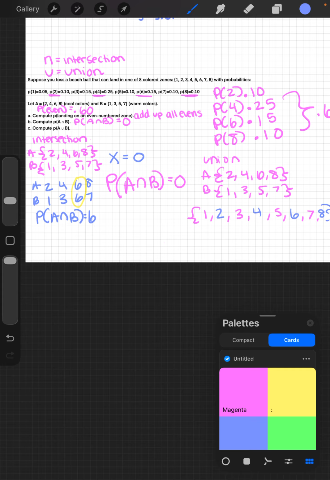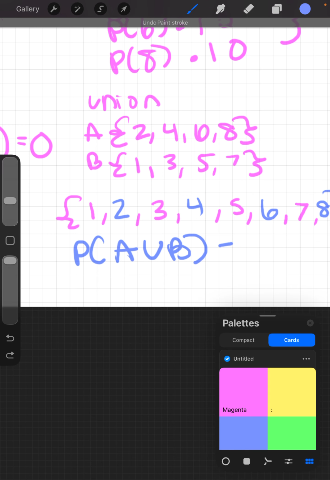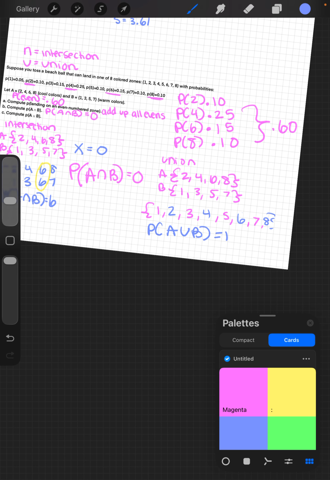And this would be our union. So the way I would write it is equal to 1. Since when you add it all up, it's going to be 1.